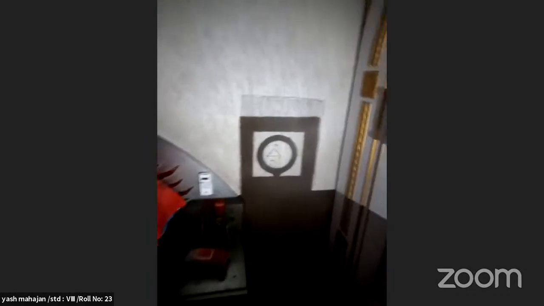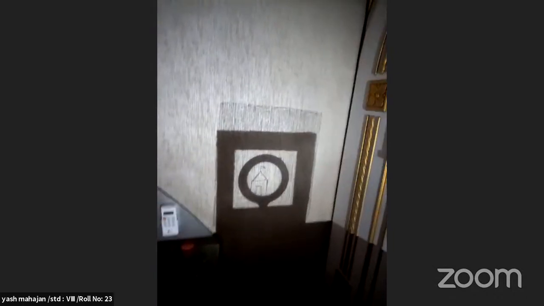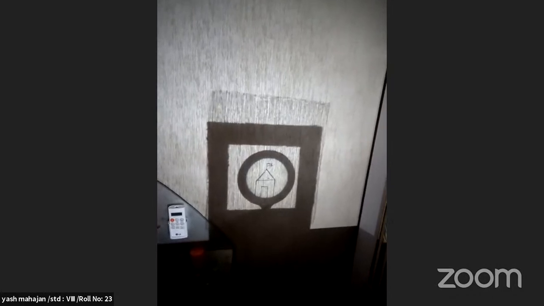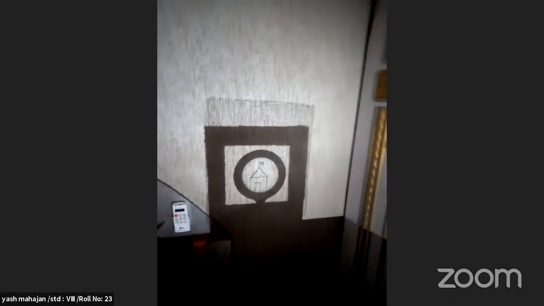As you see, the inverted image in the slide is coming right on the screen. Now let's place another image.